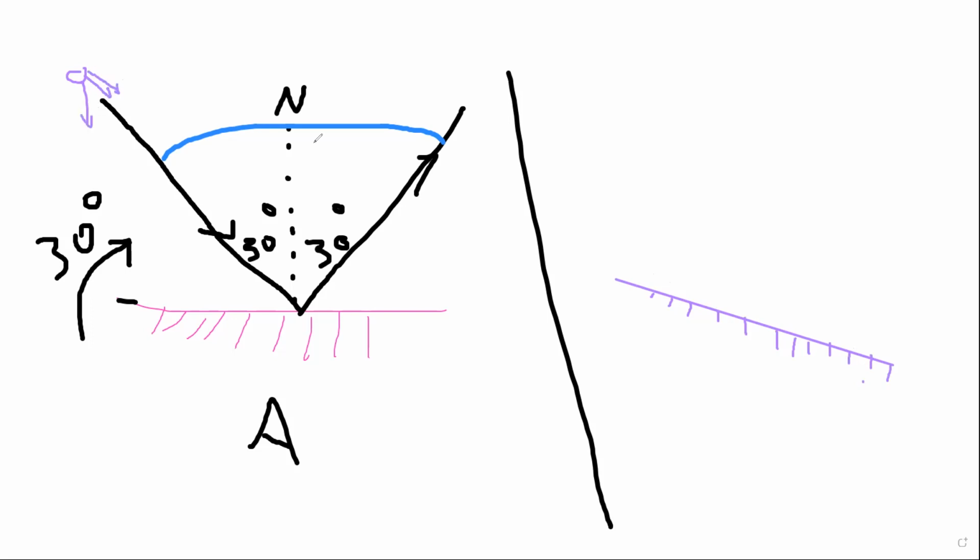Its position doesn't change. This is the incident light ray, and this is the normal line.